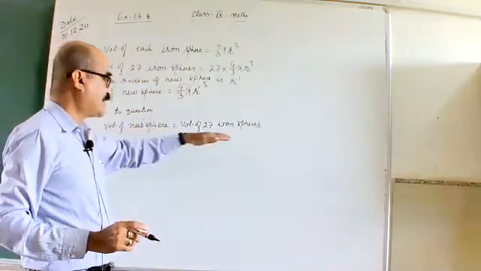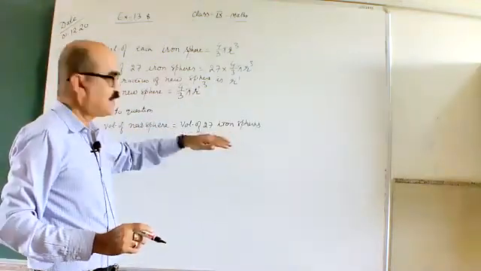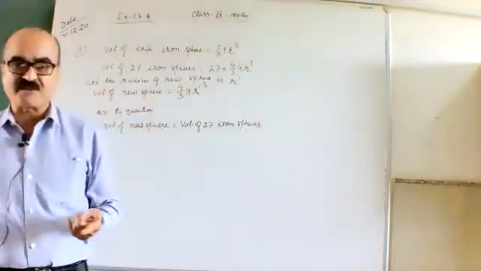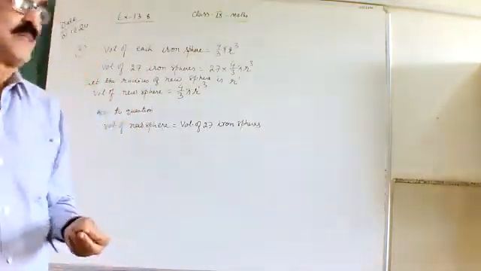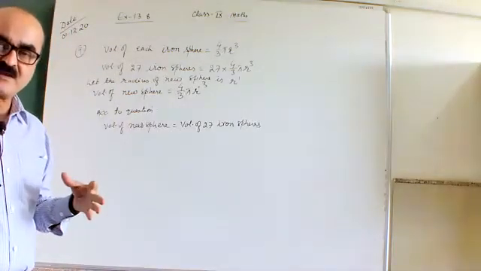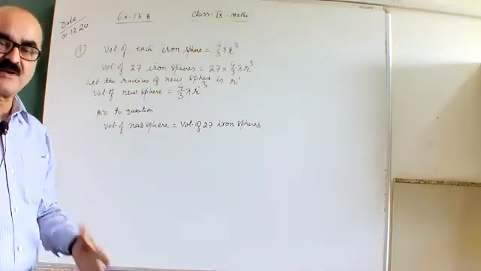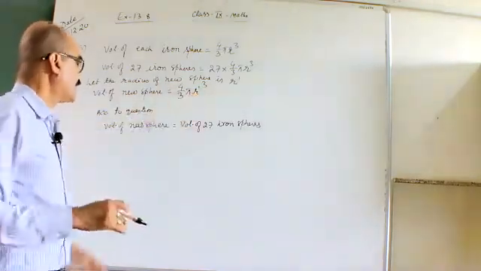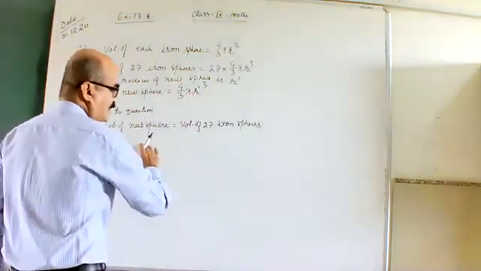We are melting the 27 iron spheres and we are making the new sphere. So the volume of both the spheres will be the same, because the 27 iron spheres are melted and we are forming one big sphere of radius r dash. So the volume of both the spheres will be equal.